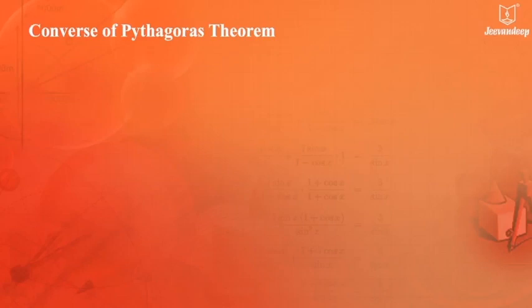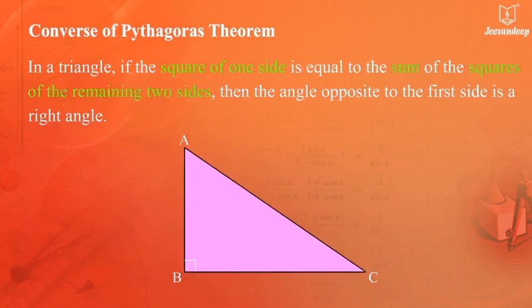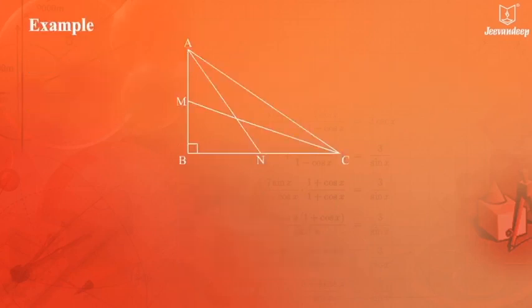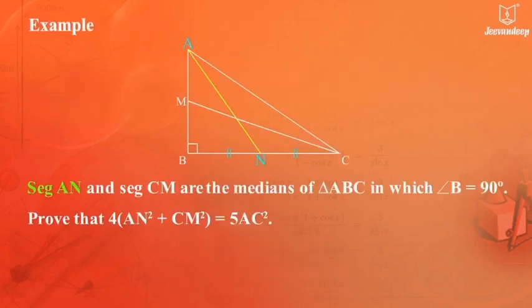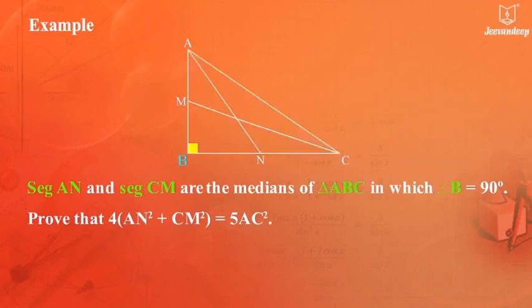Converse of Pythagoras Theorem. In a triangle, if the square of one side is equal to the sum of the squares of the remaining two sides, then the angle opposite to the first side is a right angle. Example: segment AN and segment CM are the medians of triangle ABC, in which angle B equals 90 degrees.